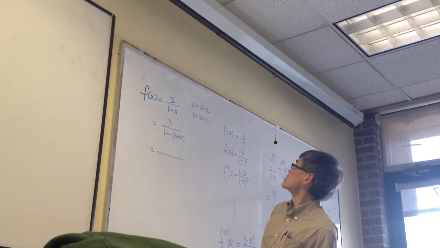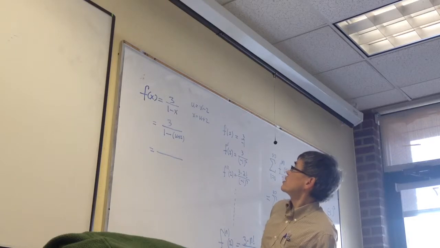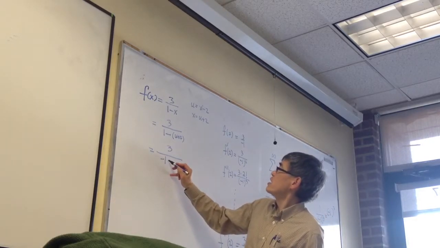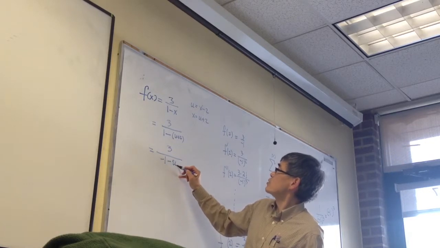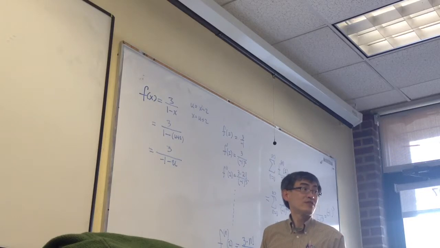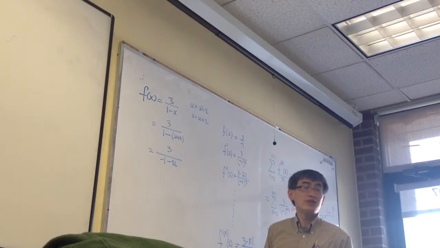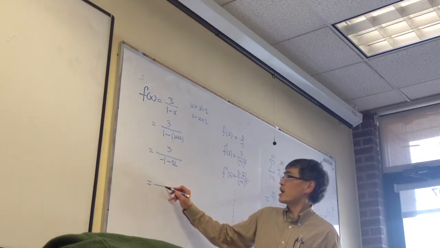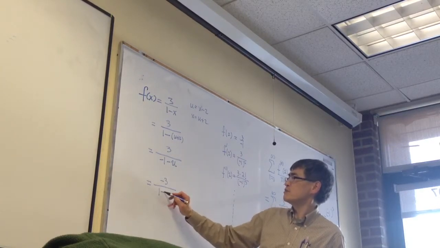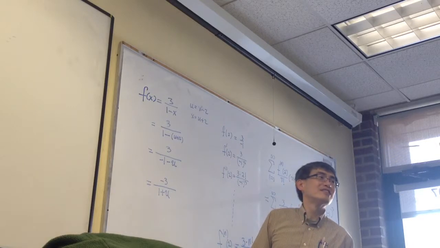Wait a minute. Oh yeah, that's right. Okay. 3 and then negative 1 minus u. Did I do it right? Right? Okay. And then may I absorb the minus? May I change sign top and bottom? So wouldn't that be that? Right?